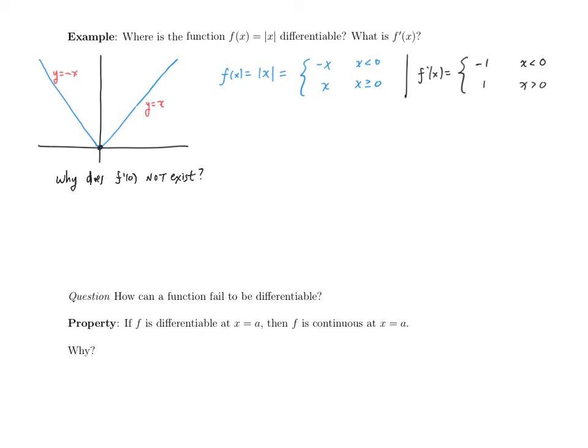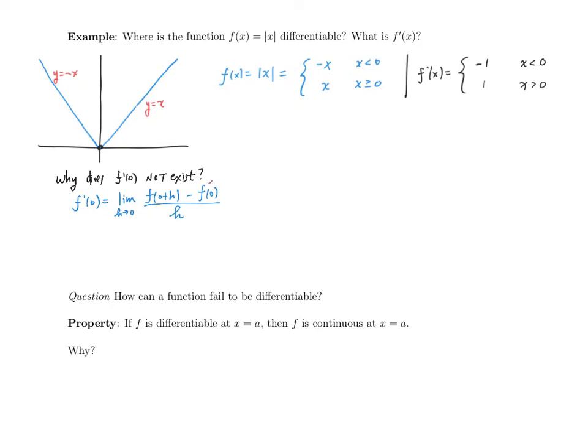And the only tool we really have at our disposal is to go back to this definition of the derivative. So in terms of that definition, we can write out f prime of 0. It would be the limit as h approaches 0 of the difference quotient, f of 0 plus h, minus f of 0, all divided by h.